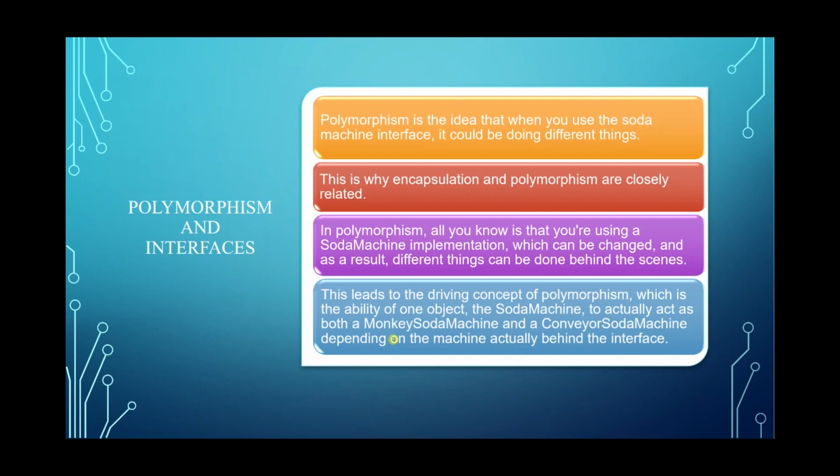Another class would be Pepsi machine, and this is going to be for Pepsi machines, and so on. So this is why encapsulation and polymorphism are closely related. Polymorphism gives you the idea that you can use one interface for more than one machine, for more than one class that uses the machine.